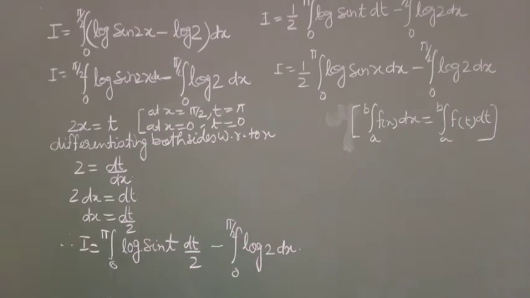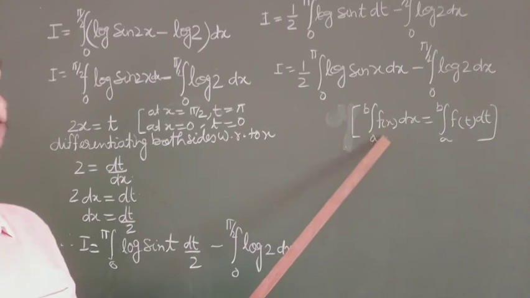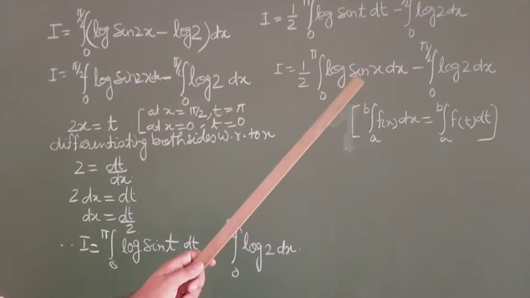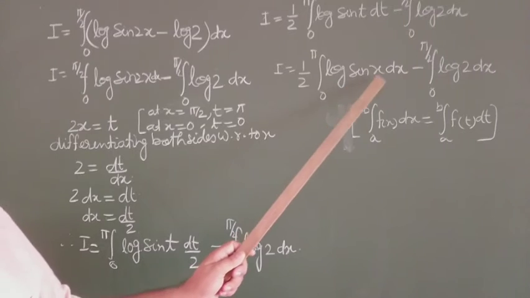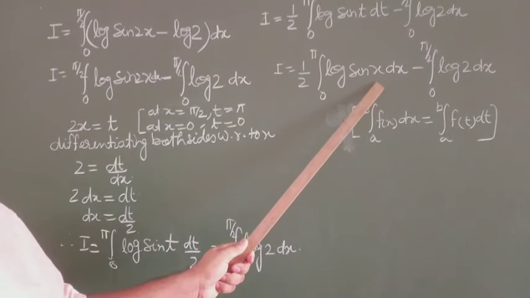We can change the variable, then the answer will be same. At the place of x we can write t, or at the place of t we can write x. So here at the place of t we have written x.